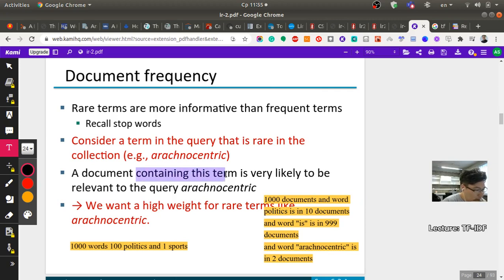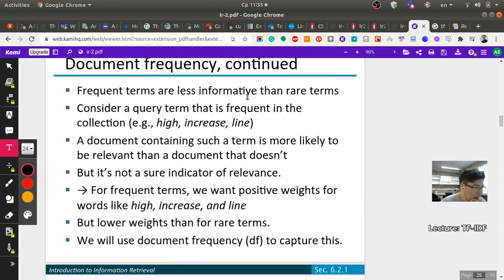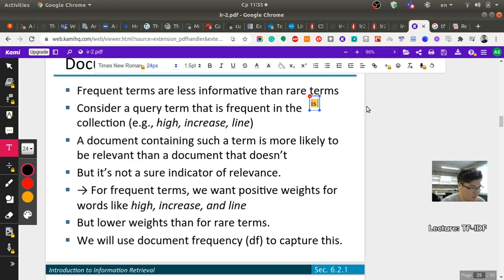A document containing this term is likely to be relevant to the query arachnocentric. So for example, if you are searching arachnocentric, it will show you. We want a high weight for rare terms. So in this case, we want to make the measurement for this word with higher weight. Frequent terms are less informative than rare terms, like in the example, "is" versus arachnocentric.